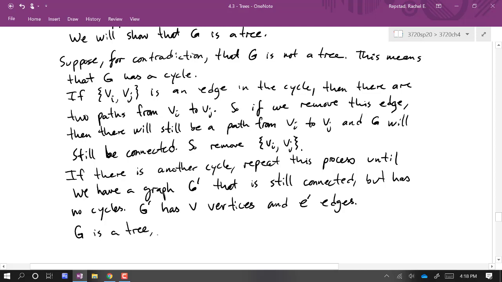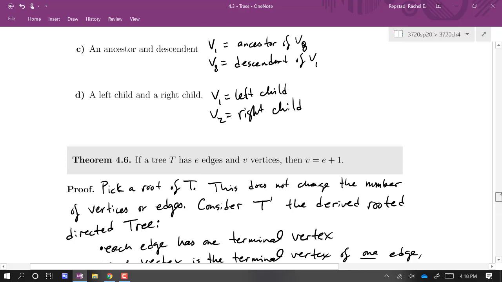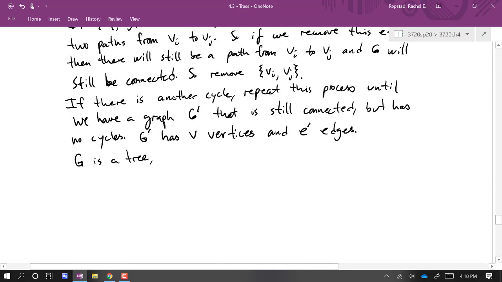And by the last theorem, which was theorem 4.6, we know that V is equal to E prime plus 1, right? The number of vertices in a tree is one more than the number of edges.